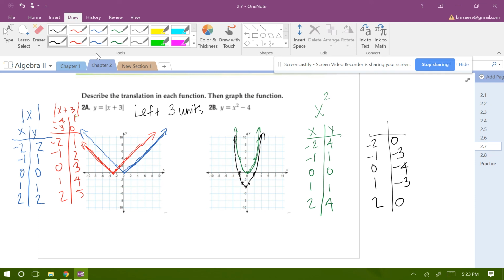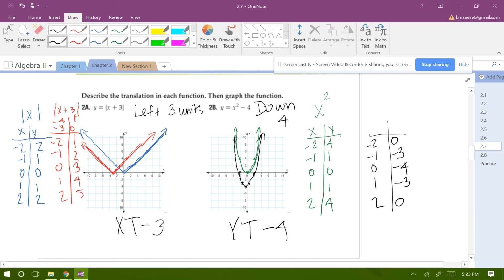So for 2a, we would label this an x translation of -3. We moved left 3. For 2b, this affected our y. It moved it down 4 units. So we would label this a y translation of -4.